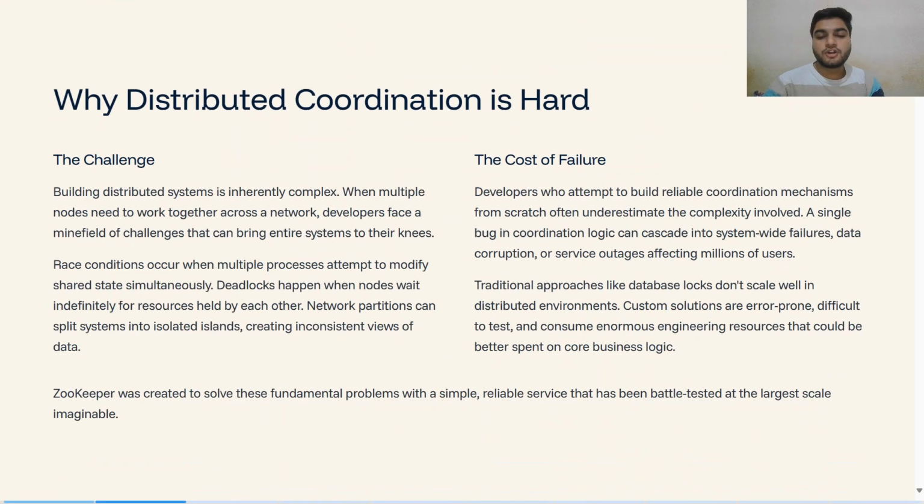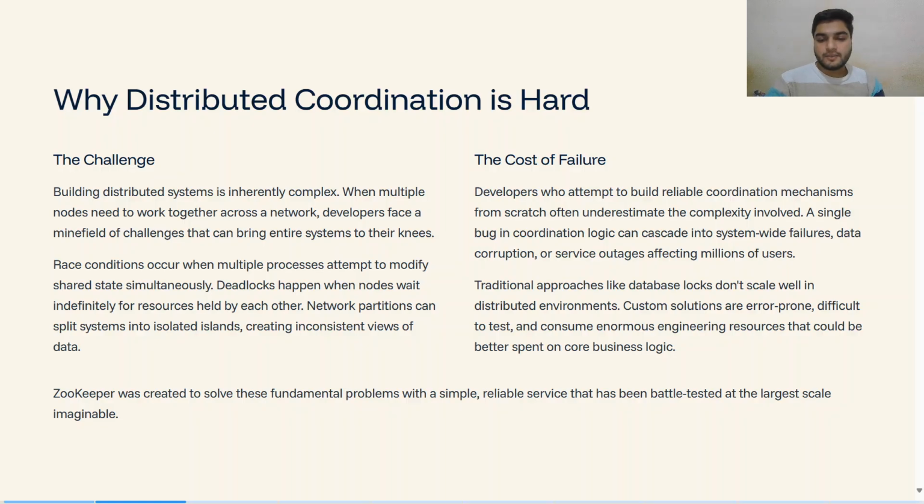Why coordination is hard. Let us start by understanding the problem. Building distributed systems is not easy. When multiple servers or nodes must work together, serious challenges come up like deadlocks, networking issues, and race conditions. Race conditions happen when two or more processes compete, and that is when deadlock occurs.